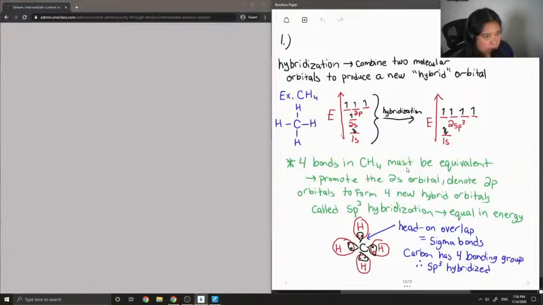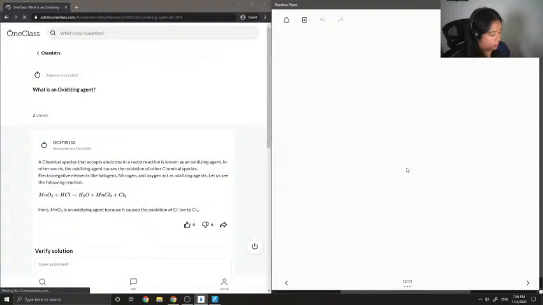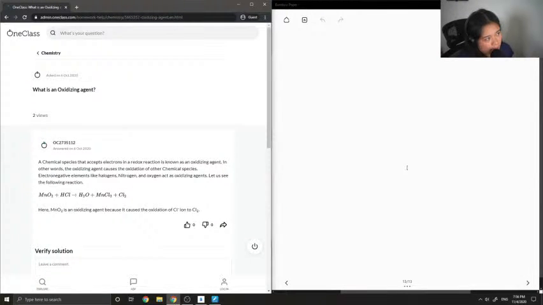Okay, so let's move on to question number 2. What is an oxidizing agent?